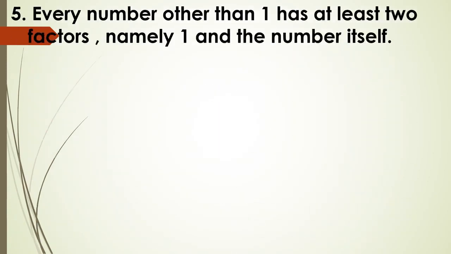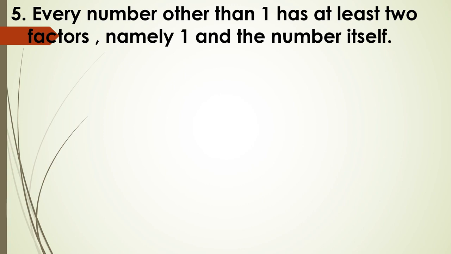Fifth point is, every number other than 1 has at least 2 factors, namely 1 and the number itself. More than 2 are possible, but at least they have 2 factors, because 1 and the number itself are the 2 factors of every number.